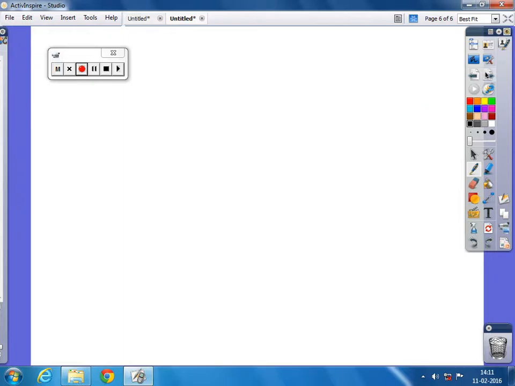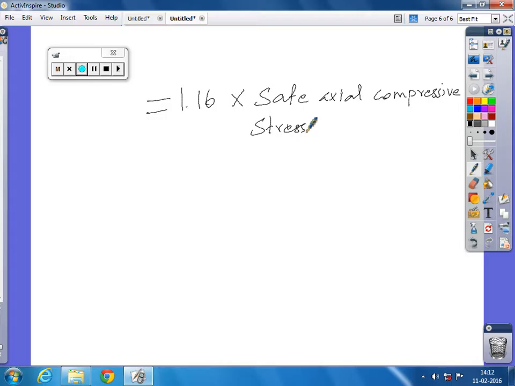I'll explain again. It is 1.16 into safe axial compressive stress parallel to the grain.